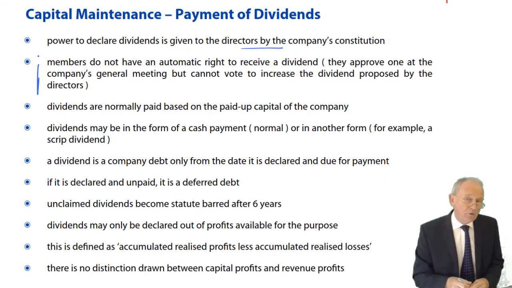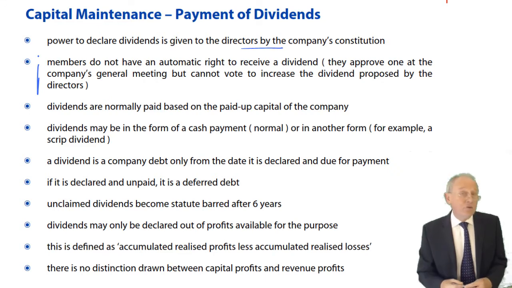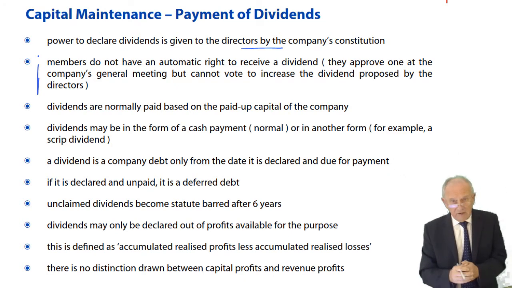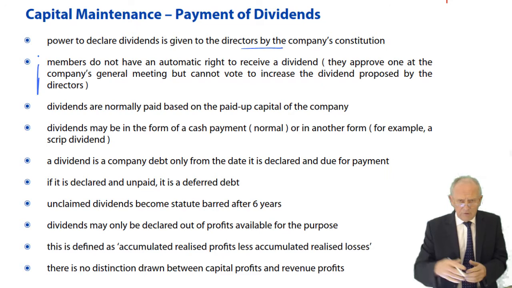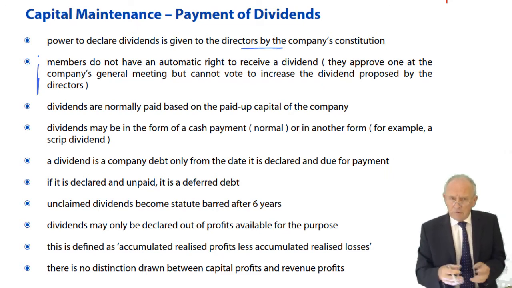At a general meeting, one of the elements of ordinary business is to approve the dividend which the directors have proposed. So the directors put it into the agenda to discuss and, if thought fit, to pass as ordinary business the dividend that has been proposed by the directors.